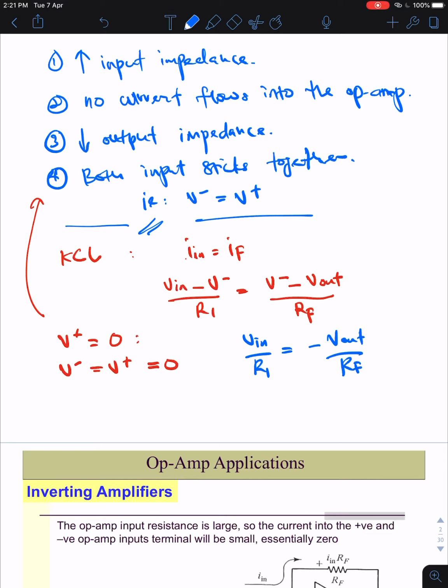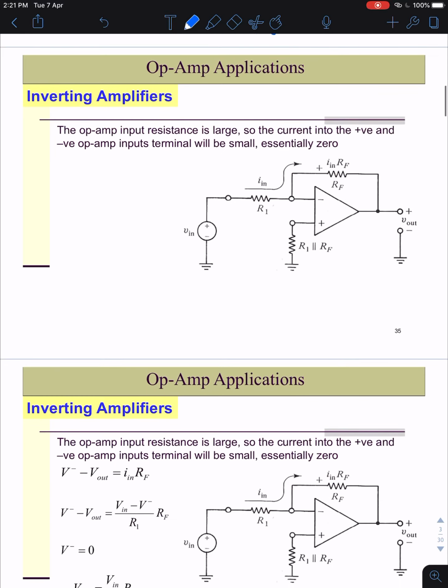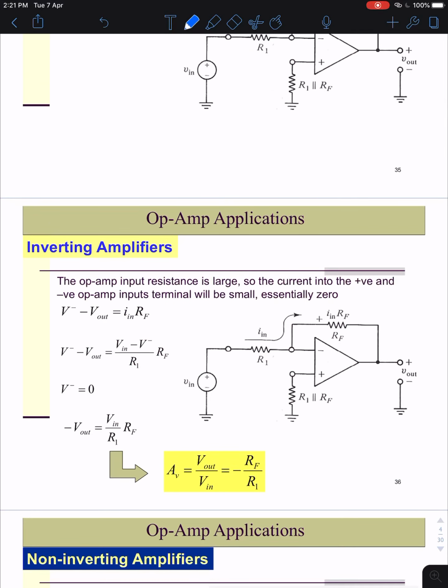So V out over V in equals negative RF over R1. This is the gain of the inverting amplifier. So we have established the derivation of the gain of the inverting amplifier.